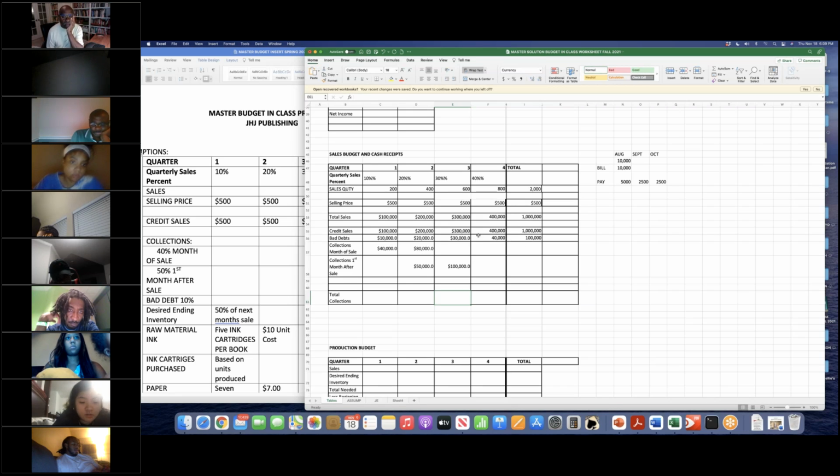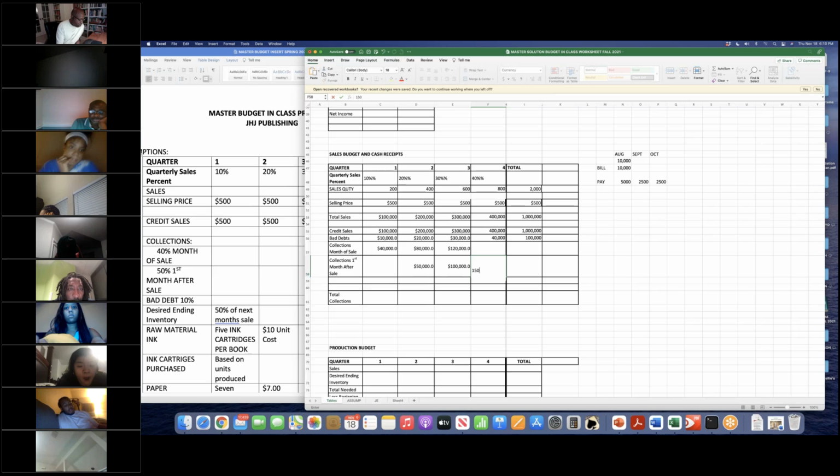In the third quarter, when you sell 300,000, you're gonna get 40% of that, or 120,000. And when you get the remainder of it, probably in quarter four, 150,000.